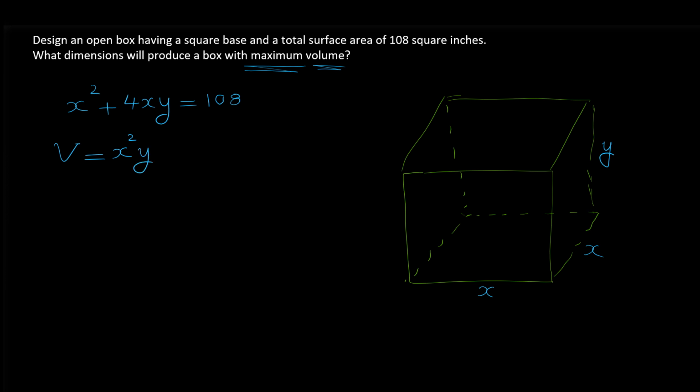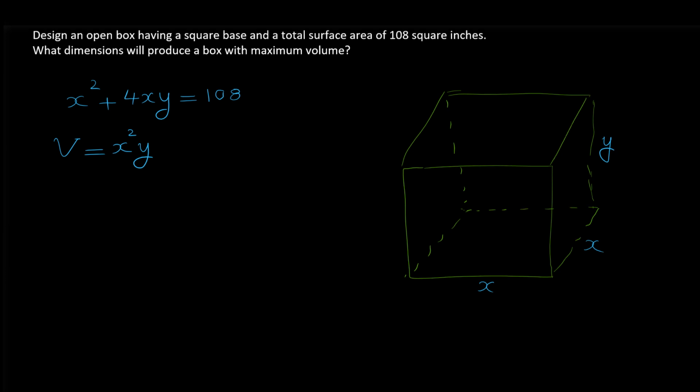So we want to maximize x squared times y with this constraint. As usual, we have to try to rewrite our function in terms of one variable. Right now, the volume is in terms of two variables, x and y. We have to rewrite it in terms of one variable.